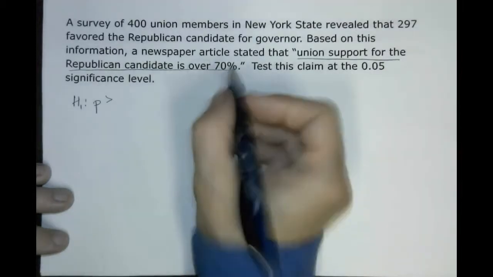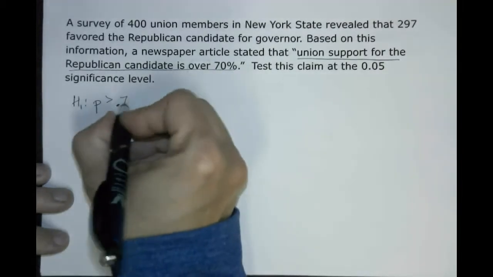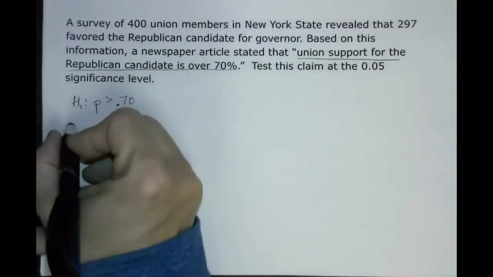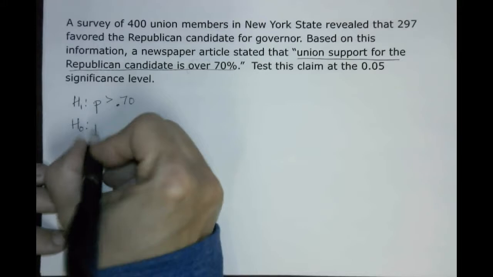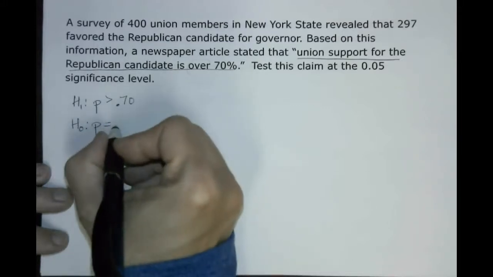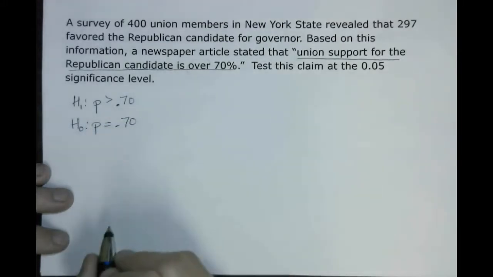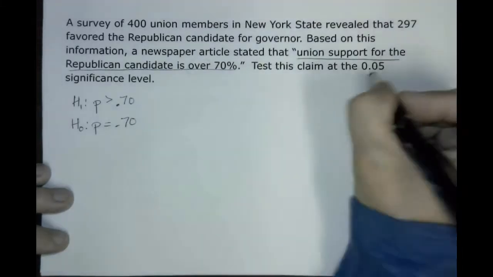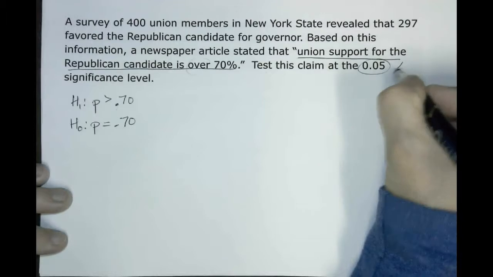And 70%, we're going to change this to a decimal, so we're going to make it 0.70. So there's our alternative hypothesis. Then our null hypothesis, we just replace the inequality with an equal sign. So there are our hypotheses. We already know our alpha is supposed to be 0.05.